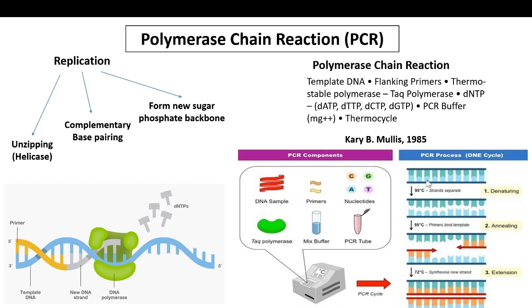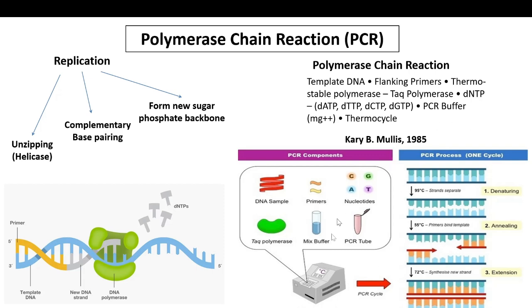Once your DNA is completely single stranded, now these primers, which are complementary to each of these two strands, will come and anneal to these two target DNA sequences. Now, once it has annealed, it needs to be extended.